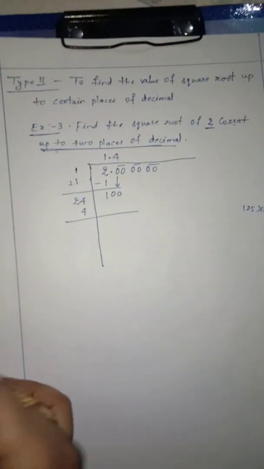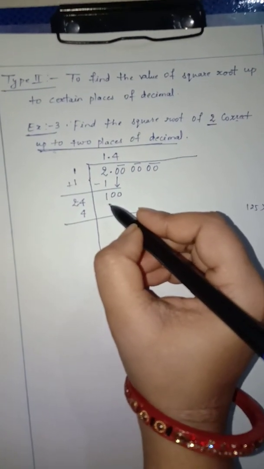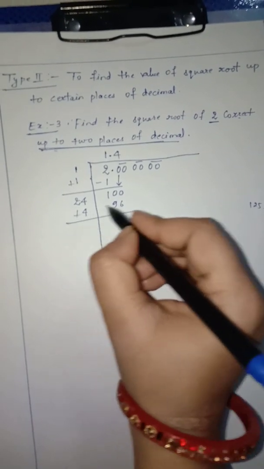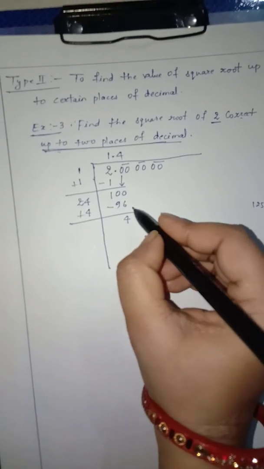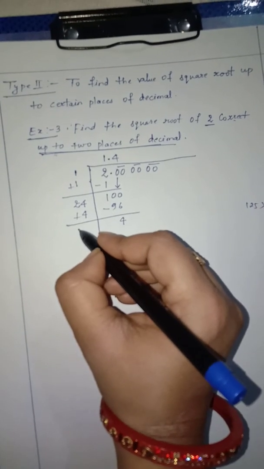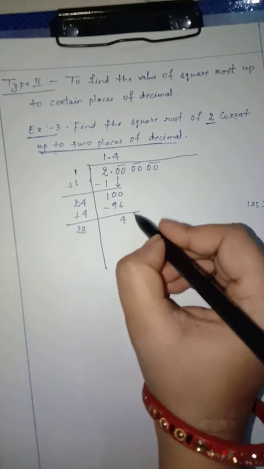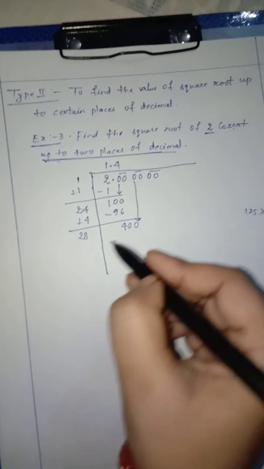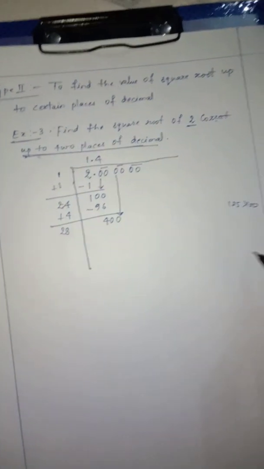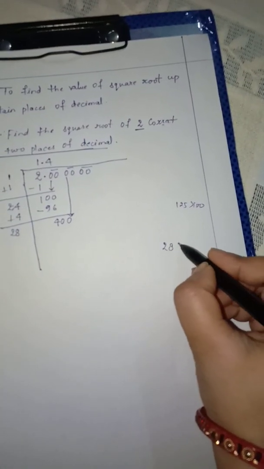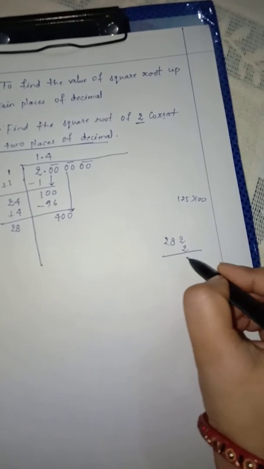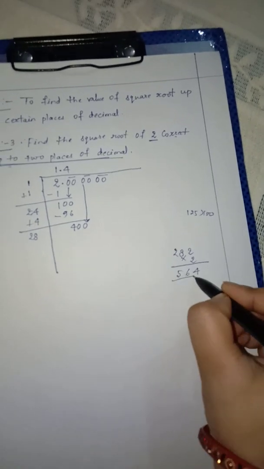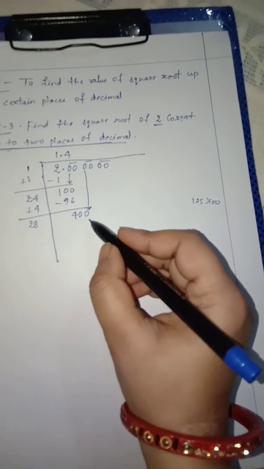24 4s are 96. It will give 4, and 24 plus 4 is 28. Next the pair of 0 will come down. So if we set 28 2, 28 2s are 564, and 564 is more than 400.